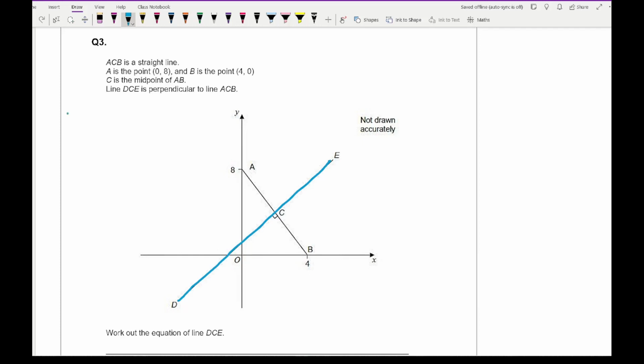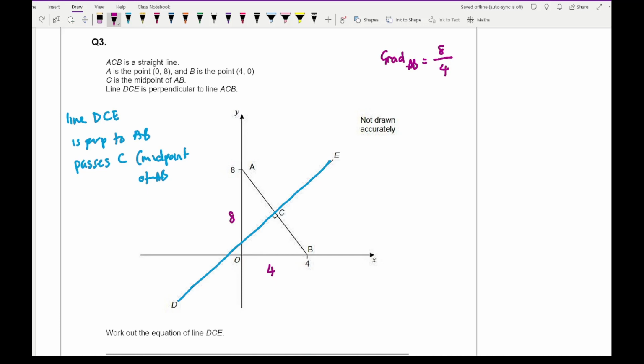So the line DCE is perpendicular to AB and passes through C, which is the midpoint of AB. So let's first of all look at the gradient. So here the gradient of AB is going to equal, so again looking at the height and the base of that triangle, it's going to be 8 divided by 4, and the line's going down, so that's going to be negative, so it's going to be -2.